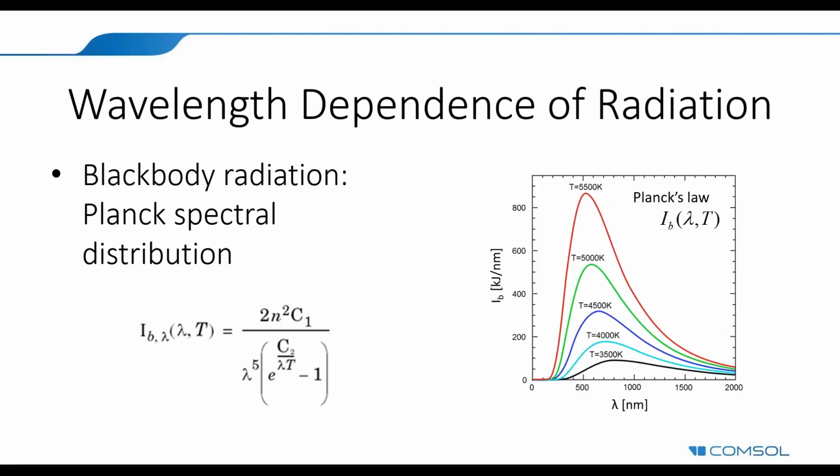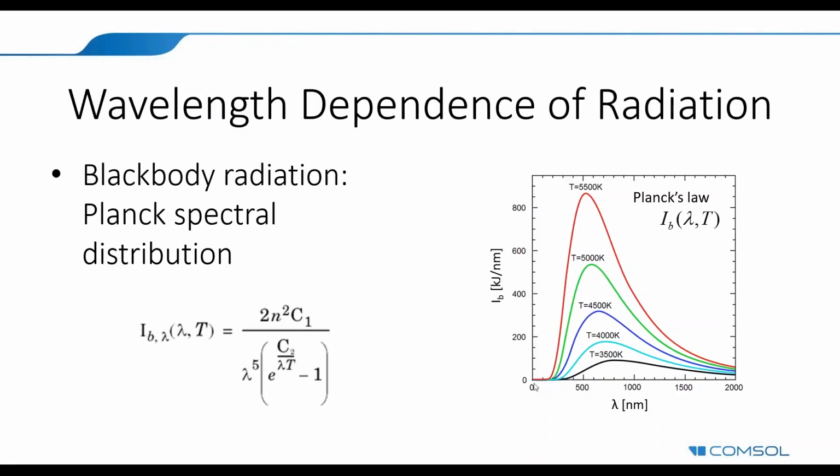This is what is defined by this formula here, that gives radiative intensity as a function of the wavelength and the temperature, a definition that we don't really need to comment on here, but rather to look at what it looks like on this graph.